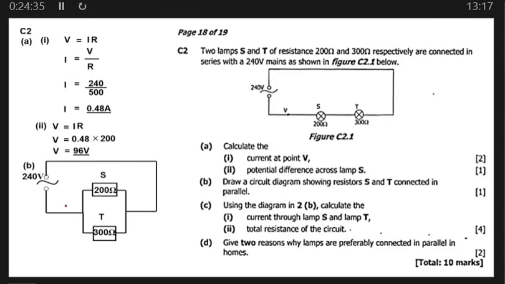What you should understand here is that current is not the same in components connected in parallel, because when current reaches a junction like this one, it divides. Some electric current flows in this resistor and some in the T resistor, and they join here and come back that side. So now we are going to calculate the current.